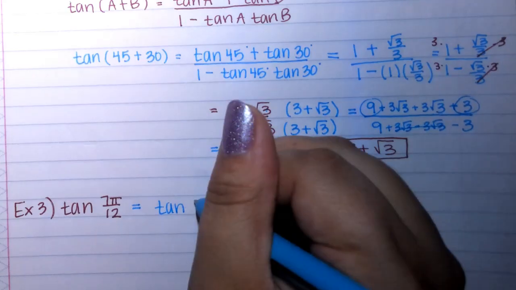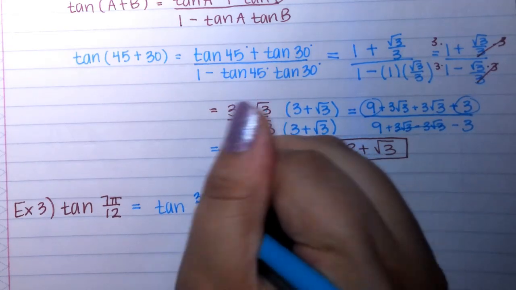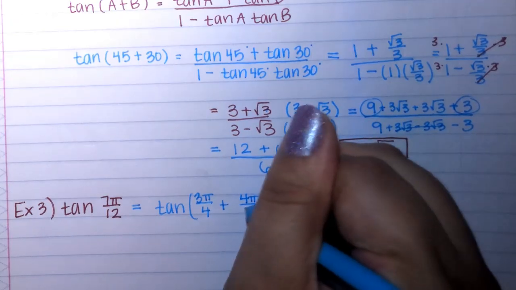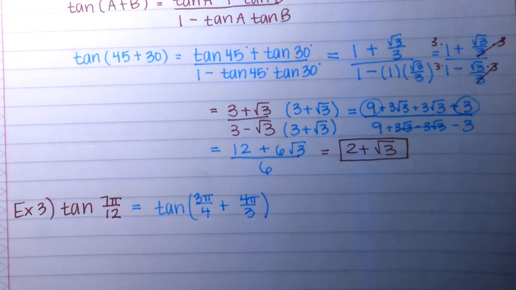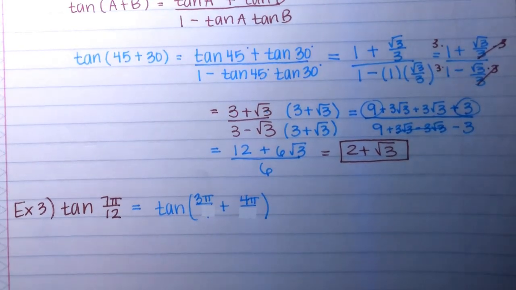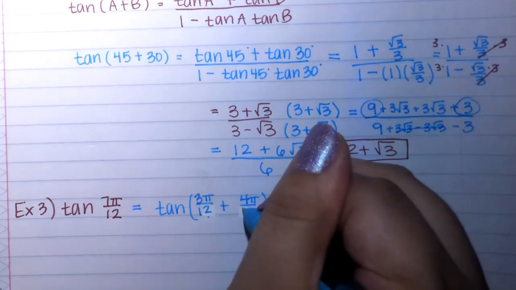So I'm going to do the tangent of 3 pi over 4 plus 4 pi over 3. That's not what I meant to do. Over 12. 3 pi over 12 and 4 pi over 12.